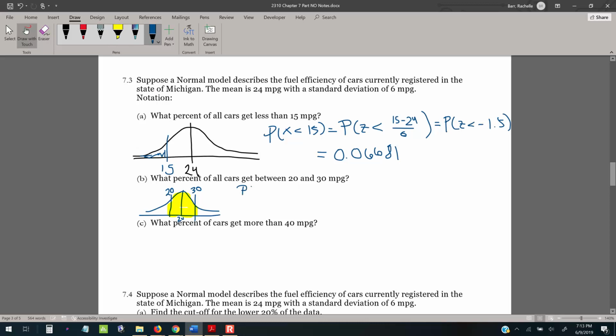So I'm looking at between 20 and 30. So I got to change this into z's. So real quickly this time I'm just going to on the side do my subtraction and division.